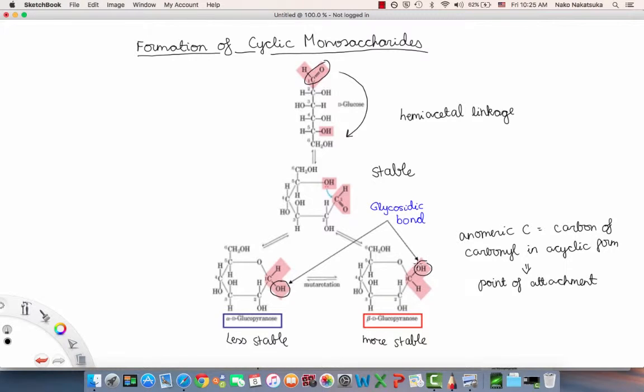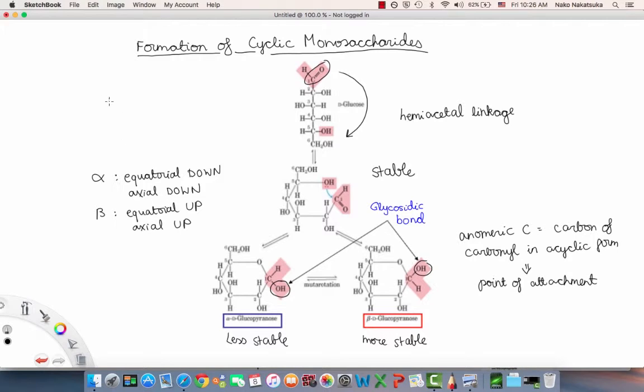And so this affects whether something is alpha or beta, and in general, alpha is when you have equatorial down, or axial down. And beta is when you have equatorial up or axial up.